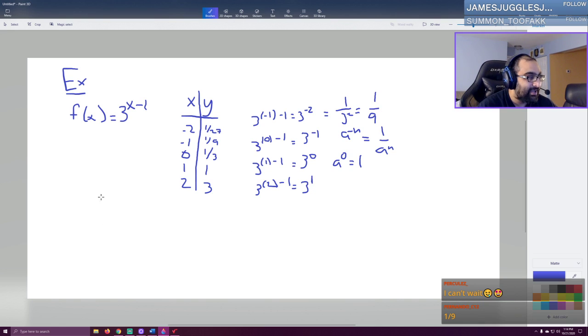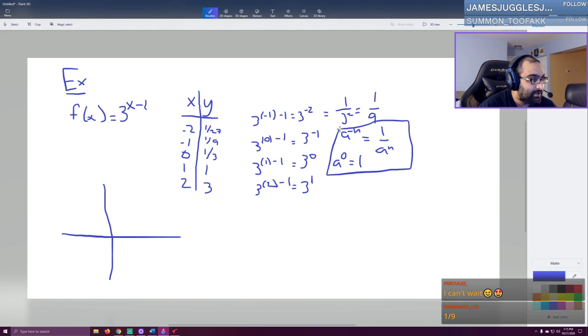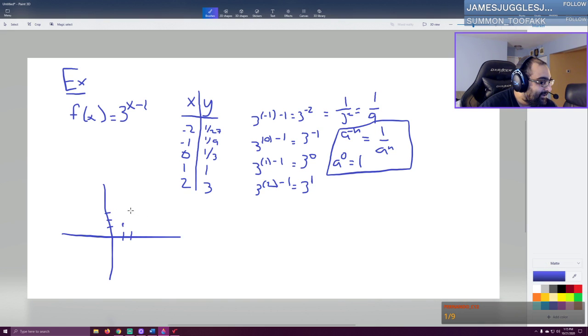Okay, let's take a look at a graph here, and let's see what we're looking at. A couple of important things here is to remember these two factoids when it comes to exponential functions of some variety. Okay, so we have, again, let's put in 1 comma 1 and 2 comma 3. 0 comma 1/3, so it's kind of here-ish.